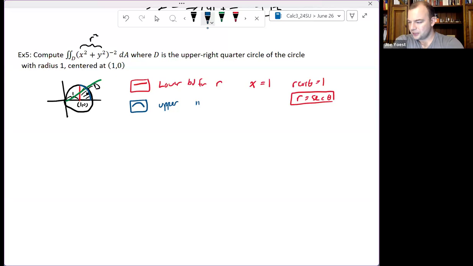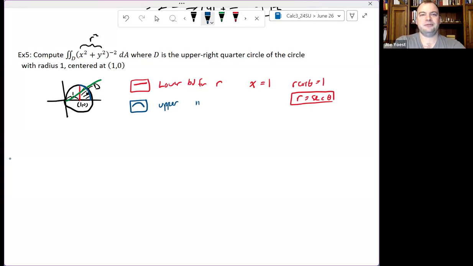And then our upper bound for r is a bit tedious to work out. You can use the rectangular coordinate system definition for the circle. It's (x minus 1) all squared plus y squared equals 1. Plug in x equals r cos theta and y equals r sine theta. A bunch of stuff will cancel.